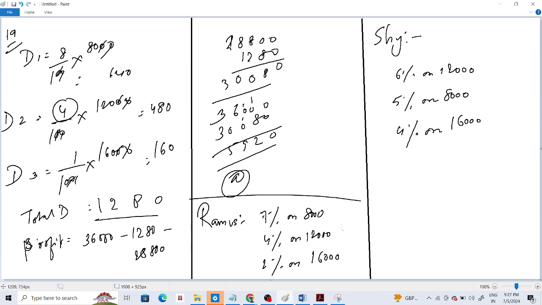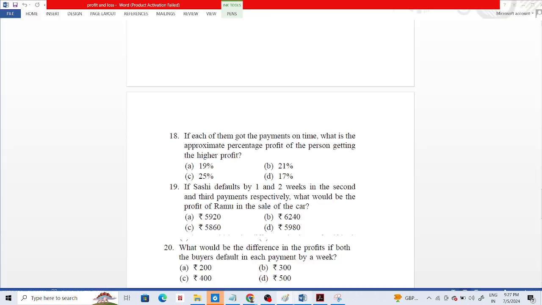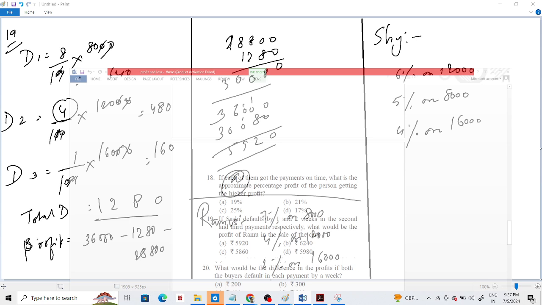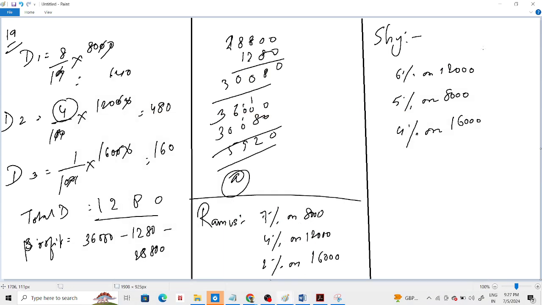Okay, all you need to do is to find out these discounts, then find out the profits. Okay, and then find out for Shamu also, find out the discounts, find out the profits, and then find out the difference.